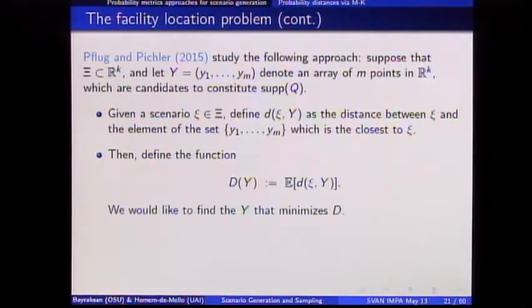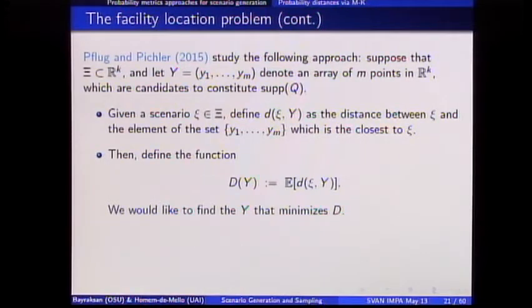It's the average distance between a C and this point set. So what do we want? We want to find the Y that minimizes this function. That's one criterion: the set of points that makes this average distance the smallest possible.